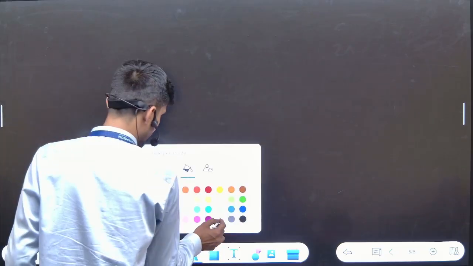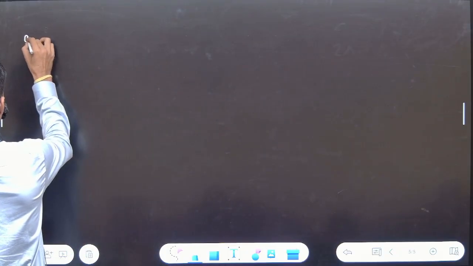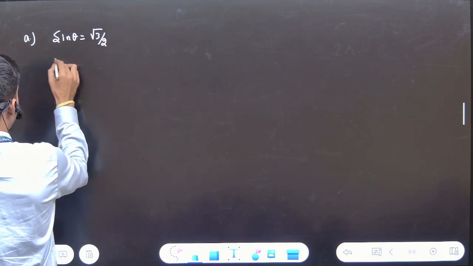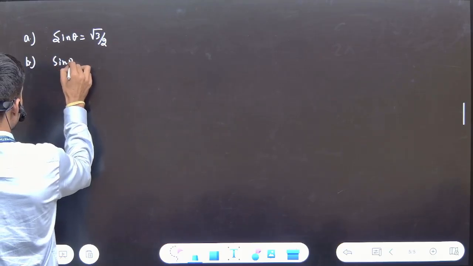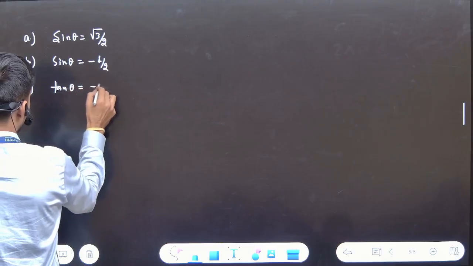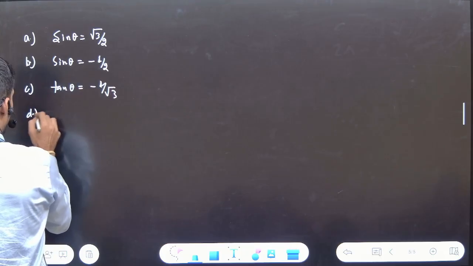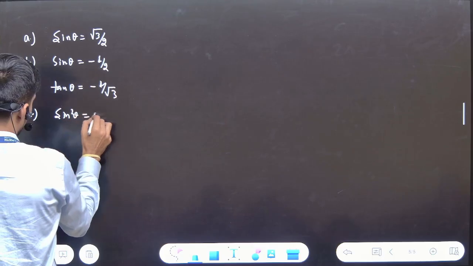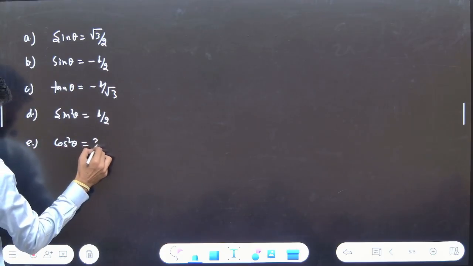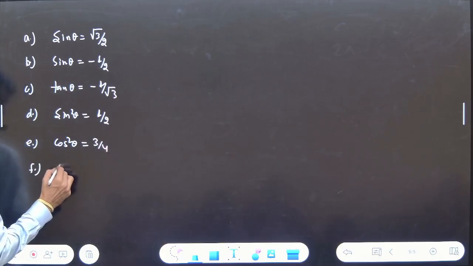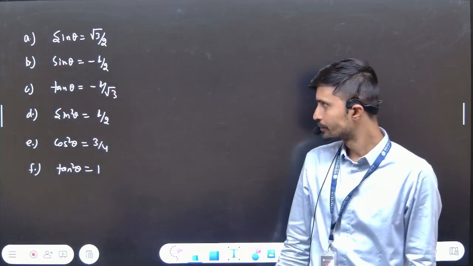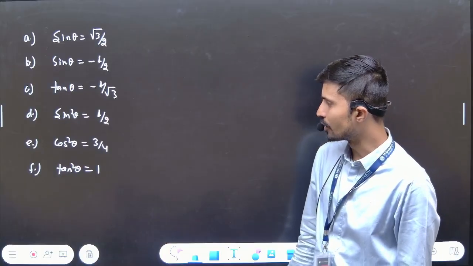Find principal solution. One I will teach you for positive, one I will teach you for negative, one I will teach you for a square.